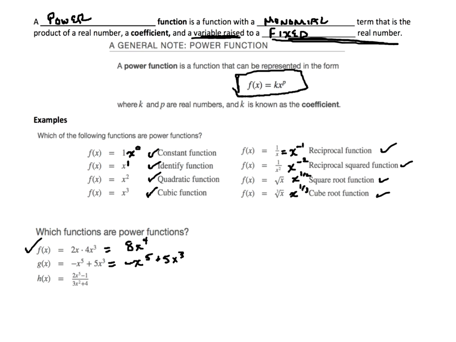And because I have more than one term, I am not a monomial. This is not a power function here. And then finally, because I have more than one expression being raised to different powers, this would not fit the bill either as a power function. So this one's not either.